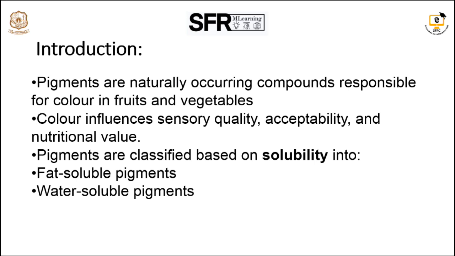Introduction. These pigments are naturally occurring substances responsible for the colors in fruits and vegetables. They make the fruits and vegetables more colorful. These colors influence the sensory quality, acceptability and nutritional value.